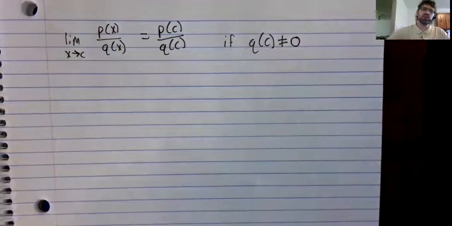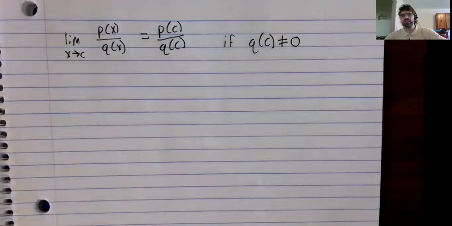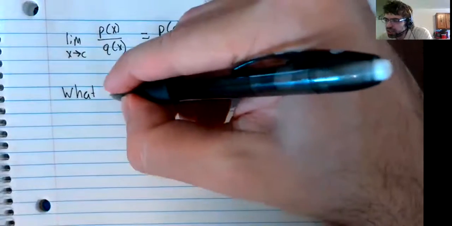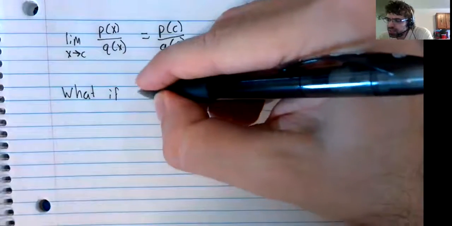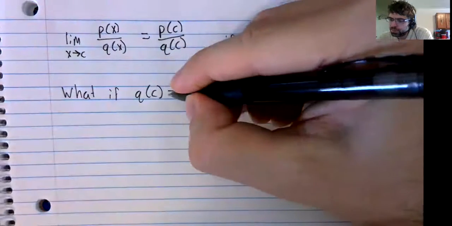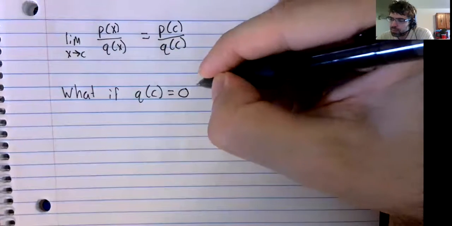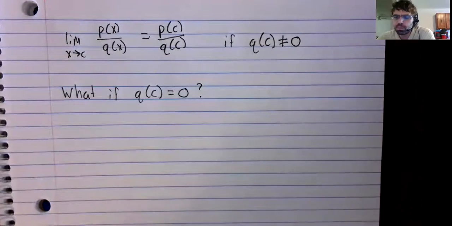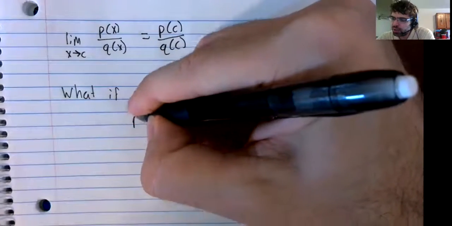The denominator isn't allowed to be 0. What if the denominator at C is 0? There are two options.